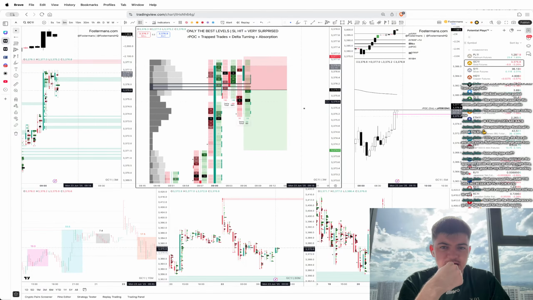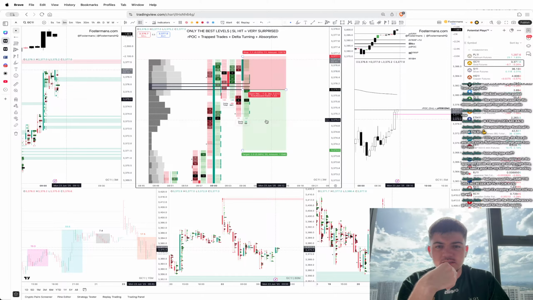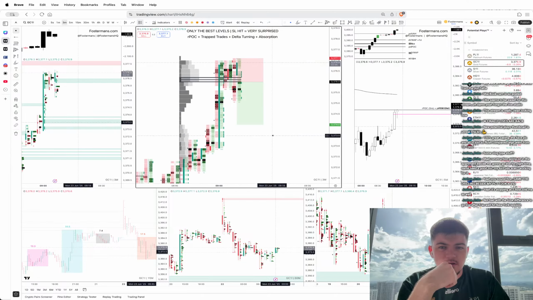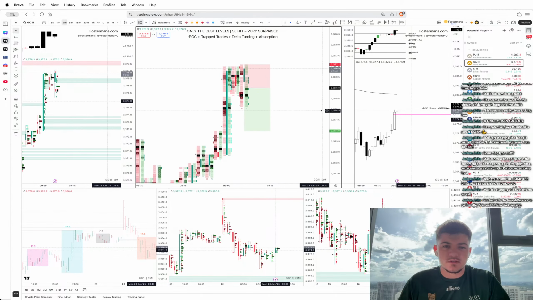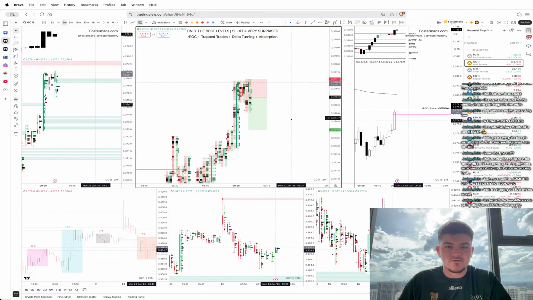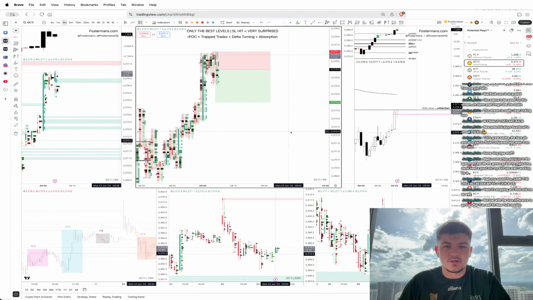Right, so we just retap that level. We're seeing a lot of buying imbalances. So let's see. Again, because we could hover around this level for a bit, there's no point in entering, but it's going to look somewhere like this, right? You're going to want to get your entry around here.